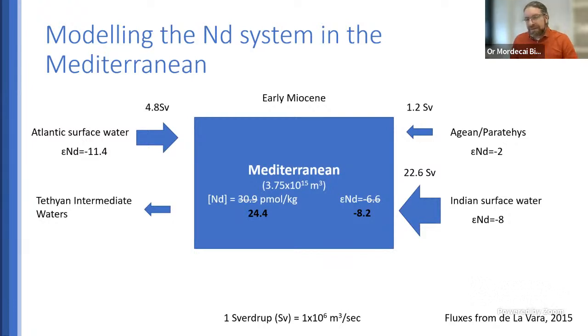If I take the fluxes that were modeled by Elbadaoui Navarra, and I put those in with our end member source, with our end member composition, what we get in the Mediterranean should be around minus 8.2. And that's not what we're seeing.